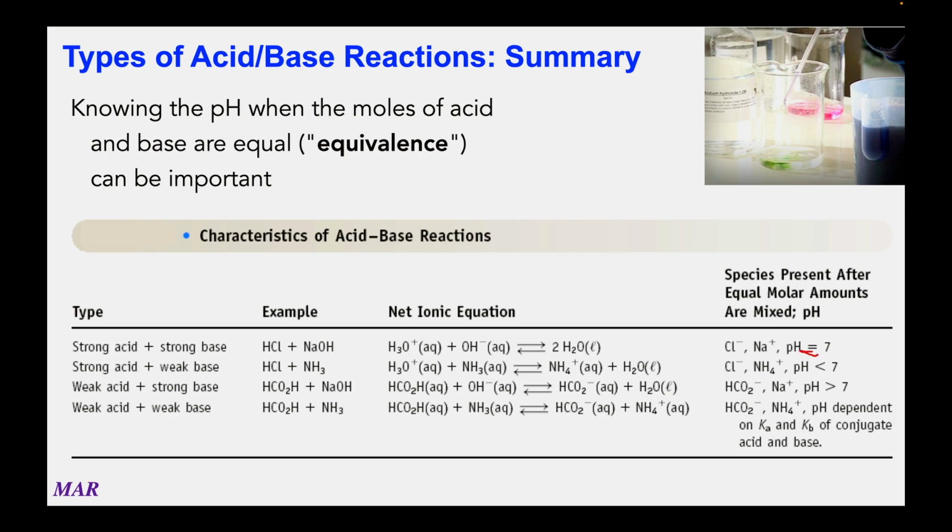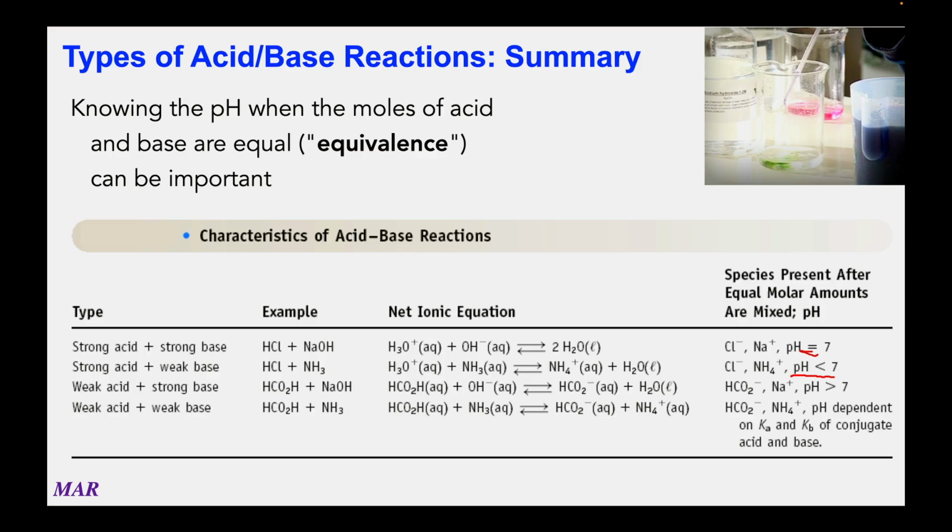On the other hand, with a strong acid and a weak base, if they're equal molar, the weak base is totally knocked out, but its conjugate acid starts to kick in. And acids being acidic will have pHs less than 7. So strong acid plus weak base at equivalence will have pHs less than 7.